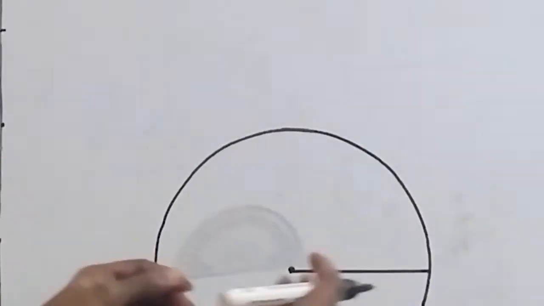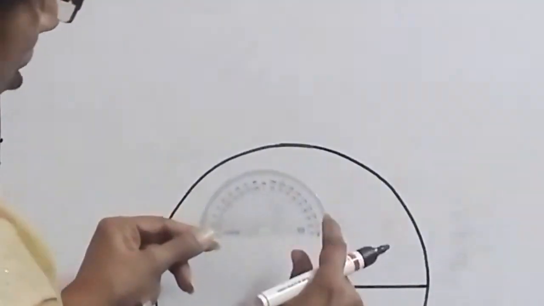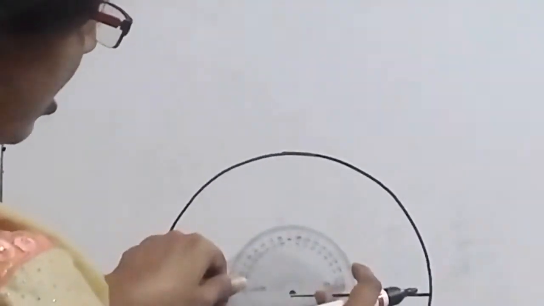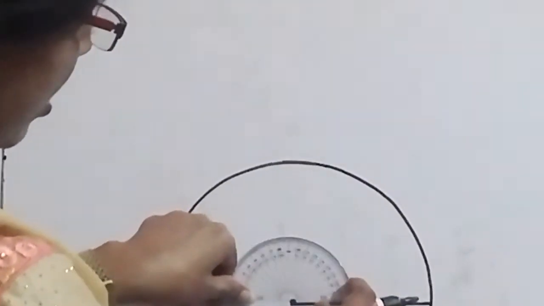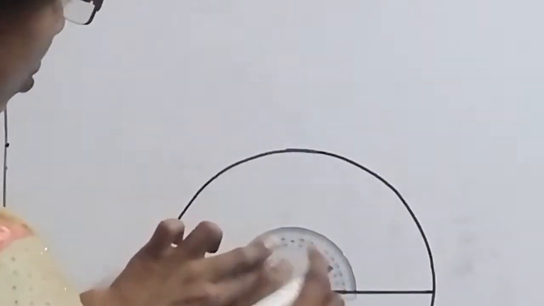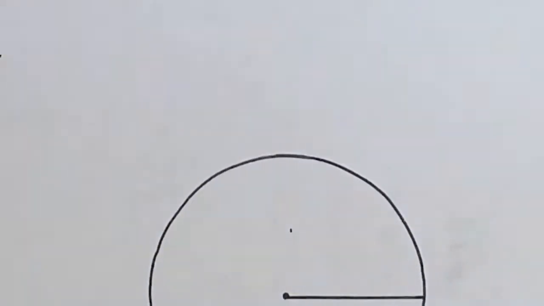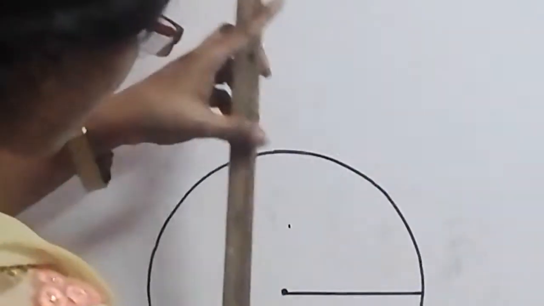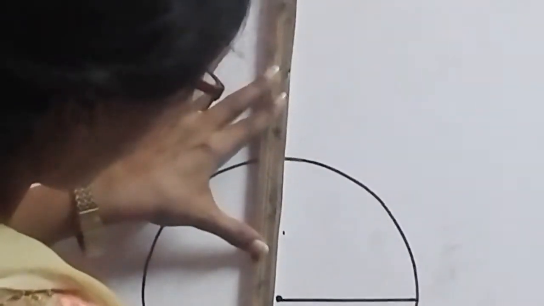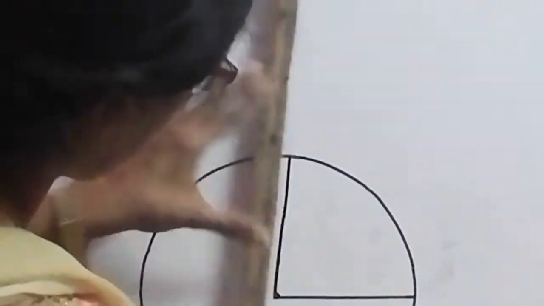Acute angle means inside. So here the middle of the protractor is kept at the center and see that the line is not visible. Then mark 83 degrees. Here you can see it is 80. 83 is here. So mark the point and then use your scale to join the line.